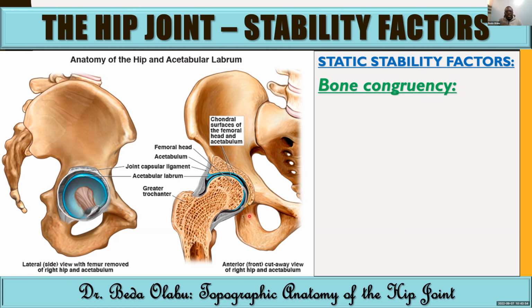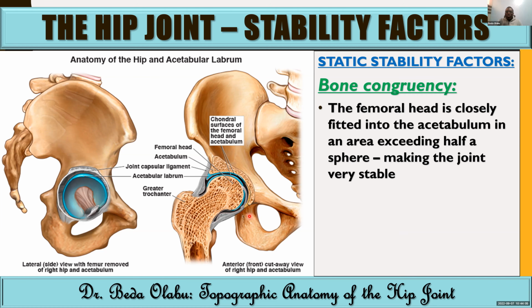The bony factors here refer to how congruent the bones which are articulating here are. Now, the head of femur is fitting nicely, of course not completely, but a big part of the head of femur fits nicely into the acetabular socket.